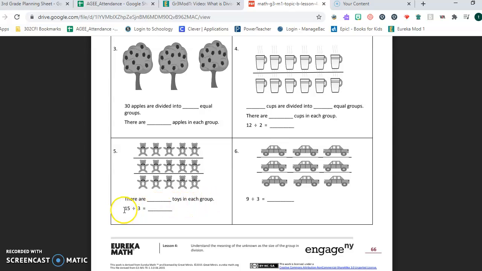So that means the total number divided by the number of groups equals how many toys are in each group. And then they take the words away altogether. Now we're looking at the total number of things divided by the number of groups to give us the size of each group.